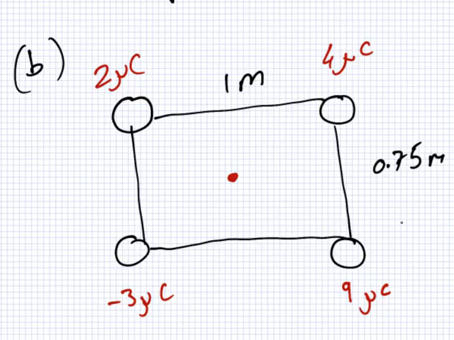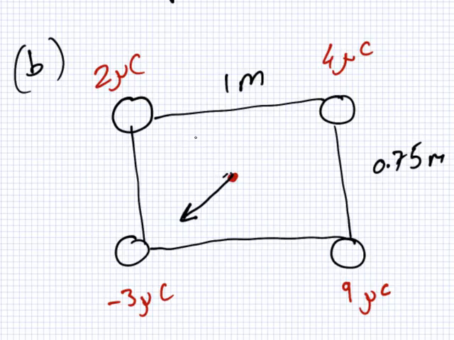So let's have a look. Here, if this is positive, it will be pulled to this, yes? But it'll be pushed away from the 9. This is confusing you, isn't it?